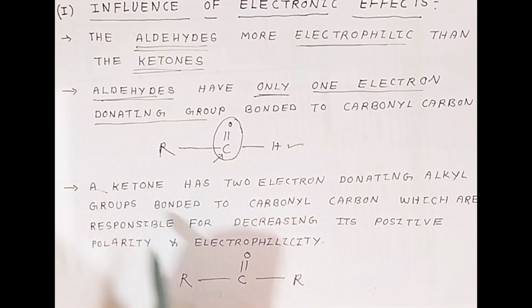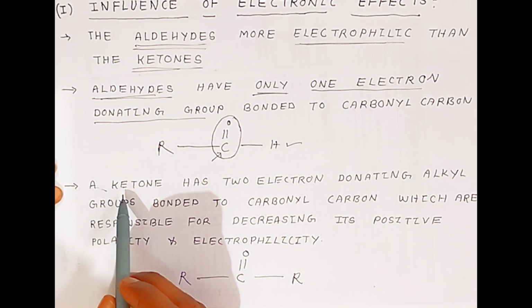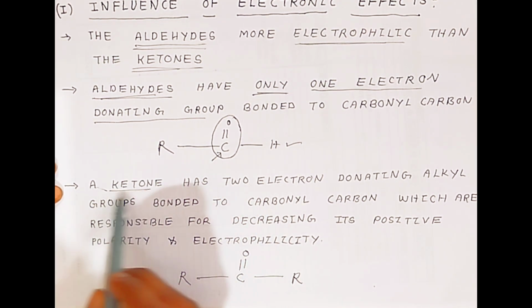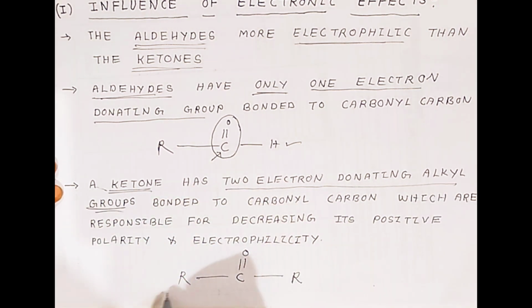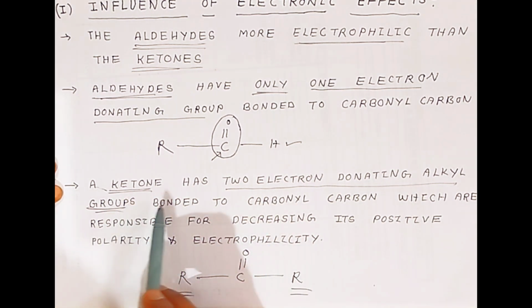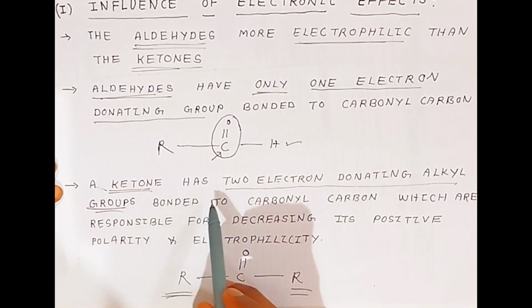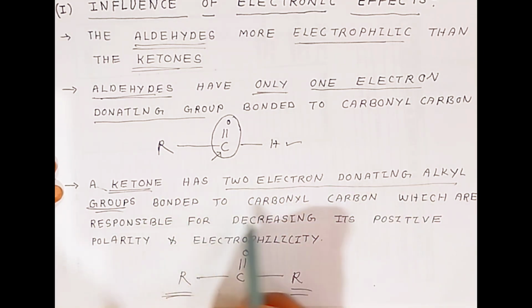So when you are talking about the electronic effect, a ketone has two electron donating alkyl groups bonded to the carbonyl carbon, which are responsible for a decrease.